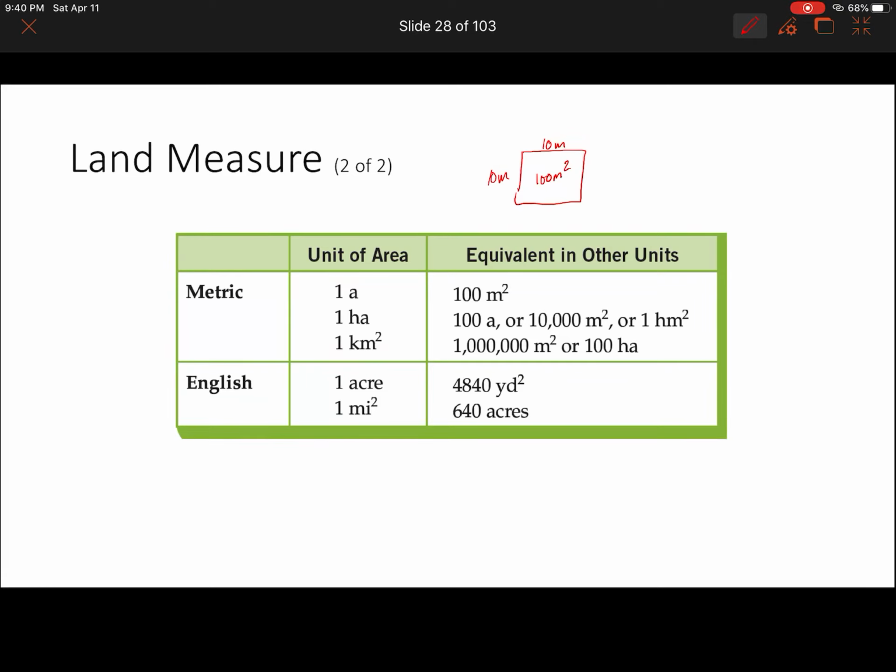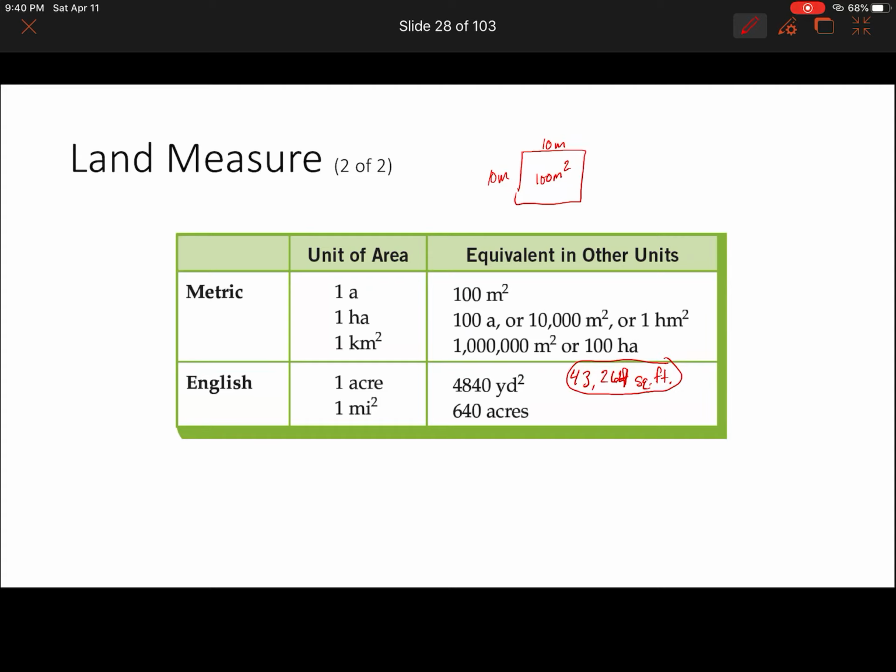So if you wanted to talk about the area of an acre in square footage, you would say 208 times 208, which is about 43,264 square feet. Again, not an exact measurement because it's not exactly 208, but it's pretty close.